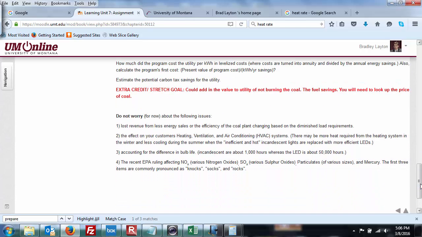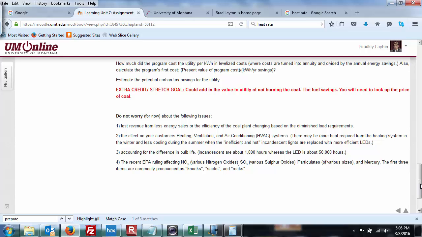Don't worry about lost revenue from less energy sales, or the efficiency of the coal, or the effect on your customers' HVAC. That's funny, because you turn the lights on in the winter and it heats your house, so don't worry about that. Accounting for the difference in light bulb life. Okay, that's good.